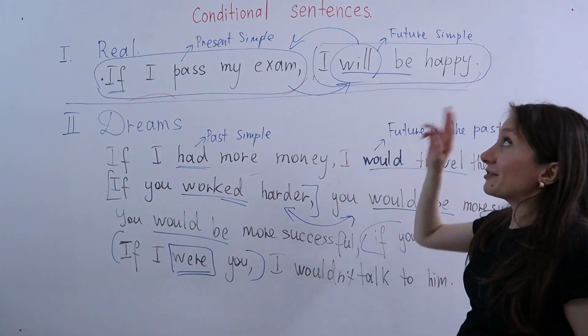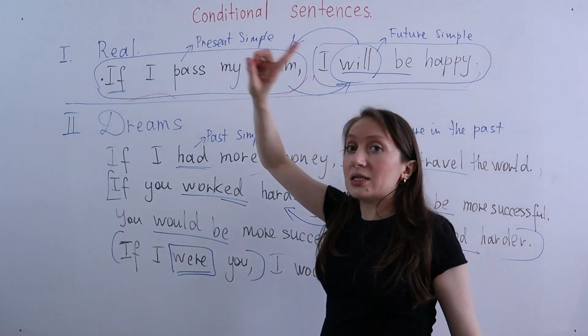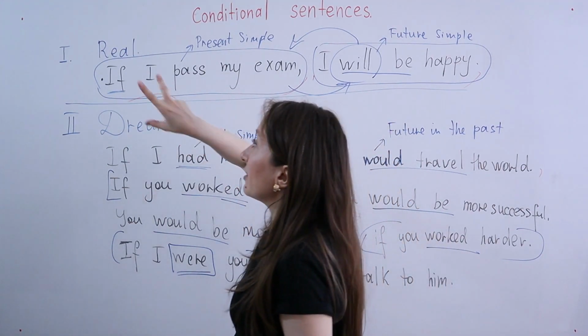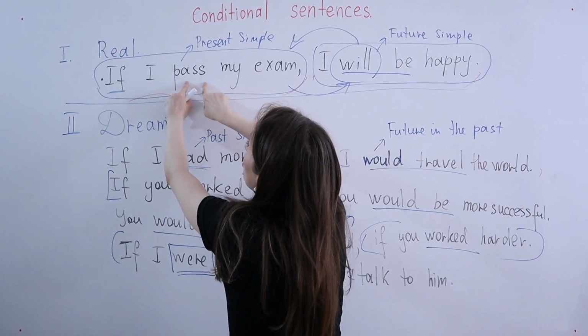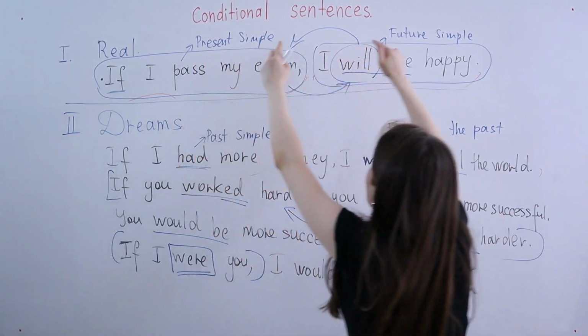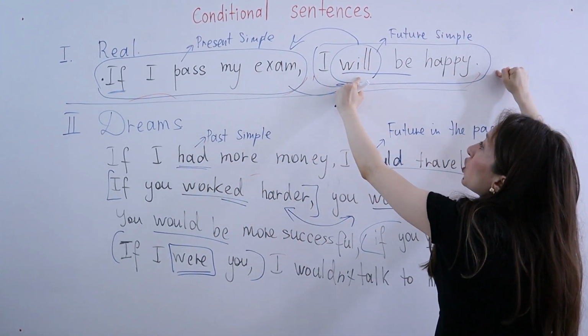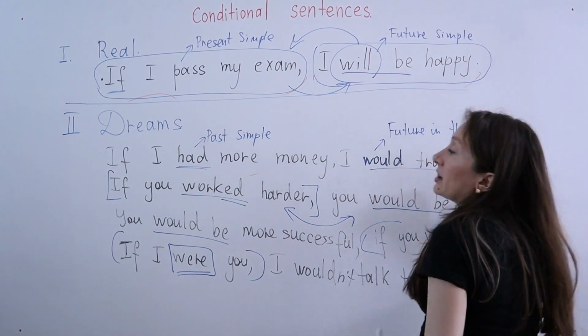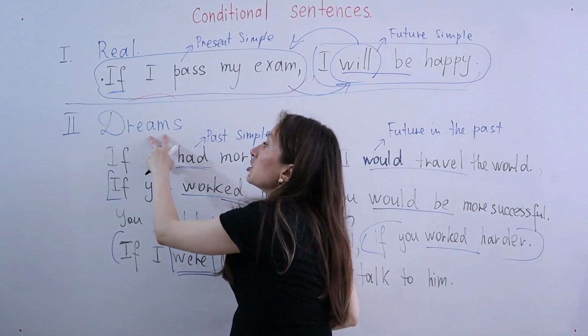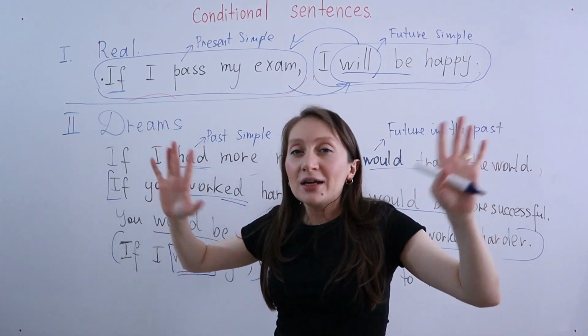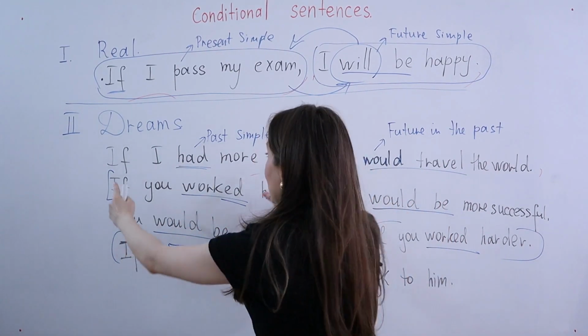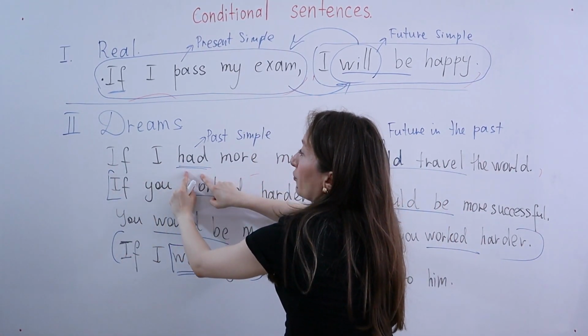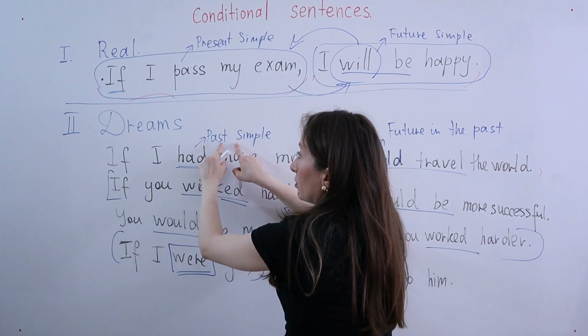So, we have conditional sentences, real, type 1, that can happen in your life. Inside if, we use present simple. Inside the main sentence, we use will and the verb. Next, type 2, we call it dreams. I am dreaming. Right now, I don't have it. Inside if, you use a verb in the past simple, right?